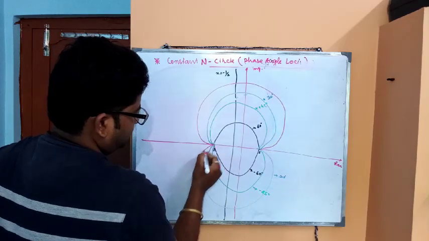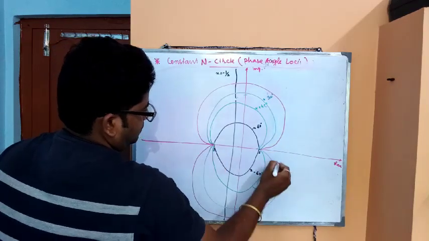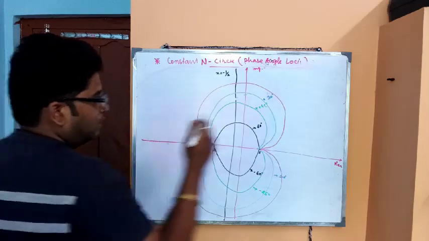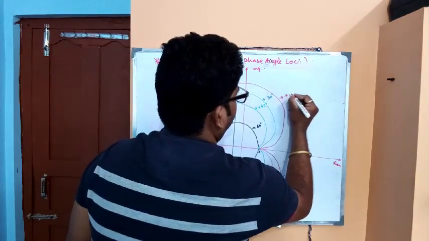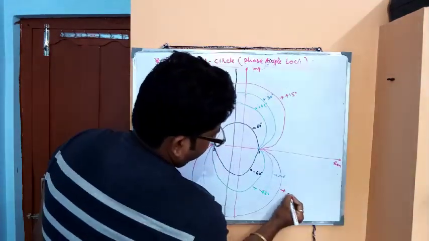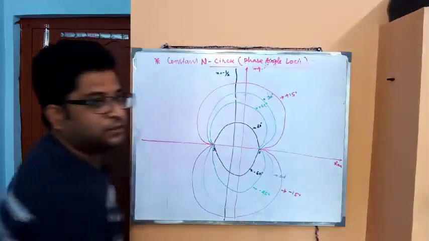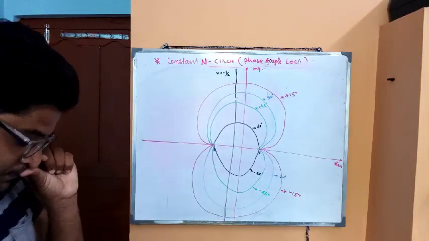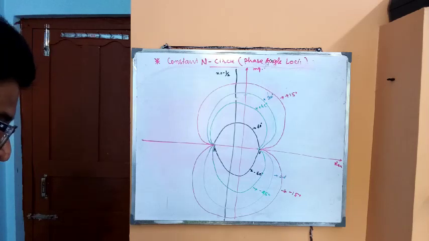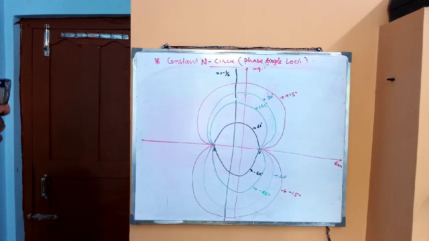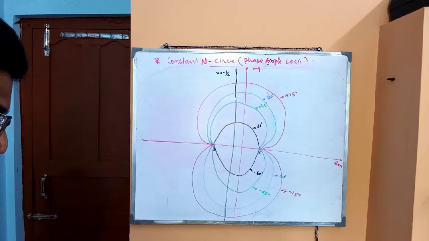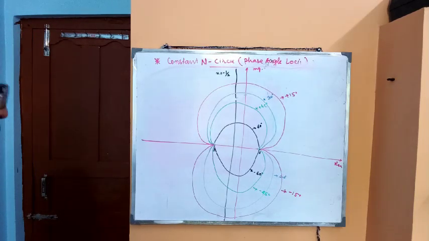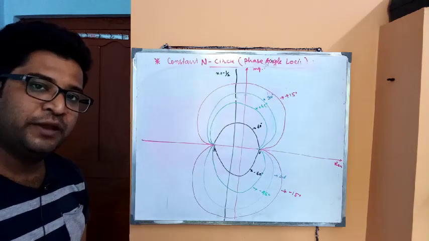So this is for plus 15 degree, and this one for minus 15 degree. Okay. So this is the constant n circle for determining the phase angle loci. And the radius and coordinates of the center are as per the table we have formed.